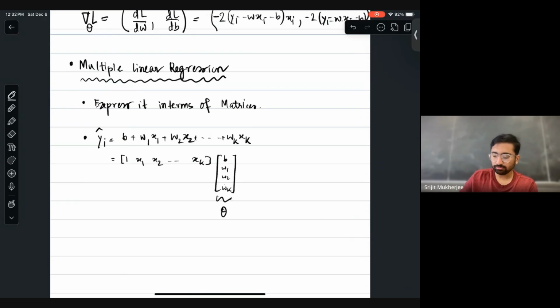Let's call this theta, and let's call this x transpose. So it's called x transpose theta. Transpose is a matrix operation.